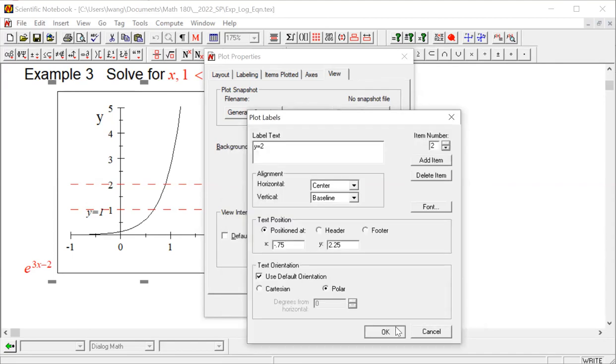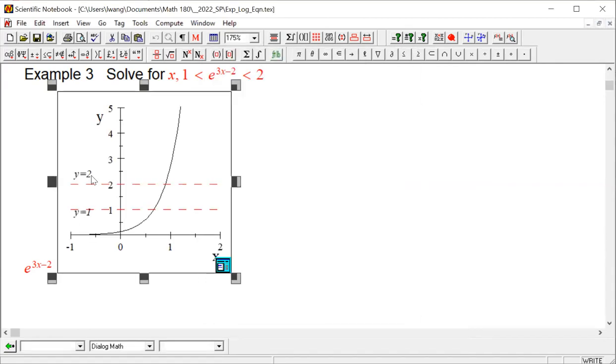All right, so the 2 lines are drawn: y equals 2, y equals 1. Between these, the outputs are between 1 and 2. And so we want the input which is in between, right? There's a point here, there's a point here. This one has an input, and that one has an input. So the input we want is just in between, just a little bit. That's what we want.